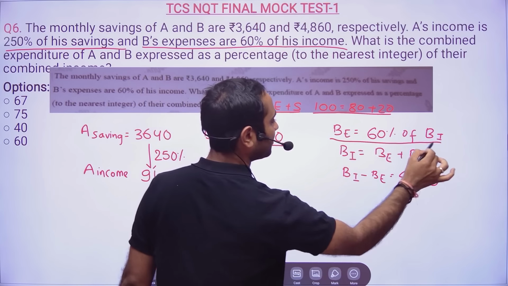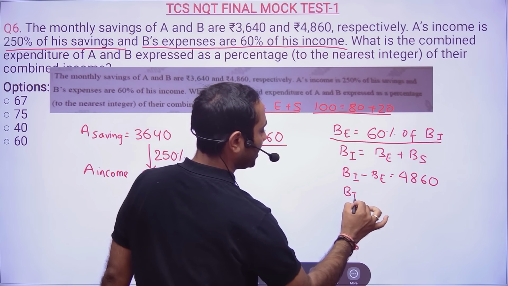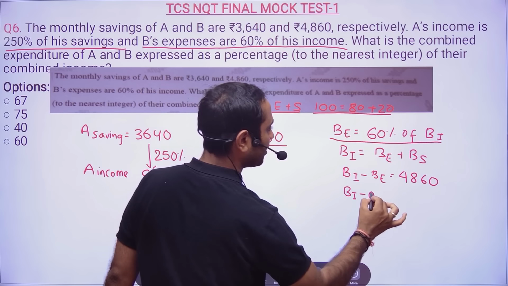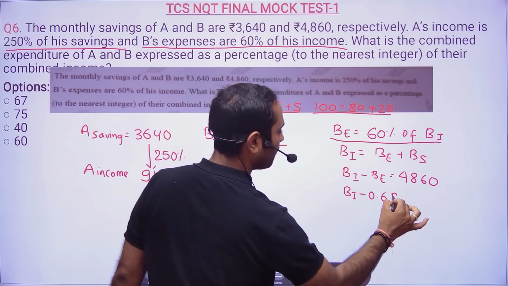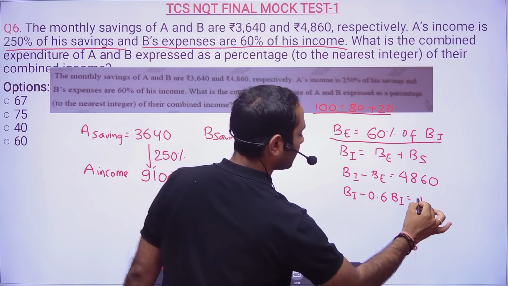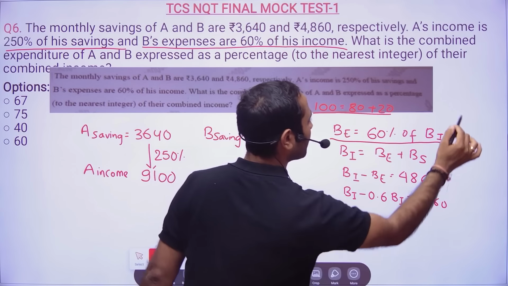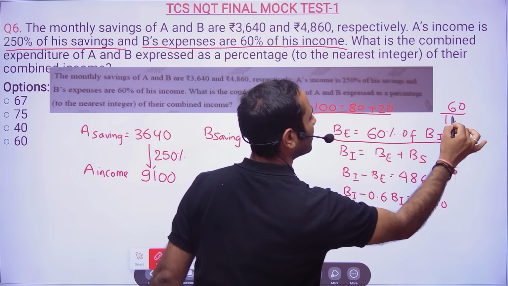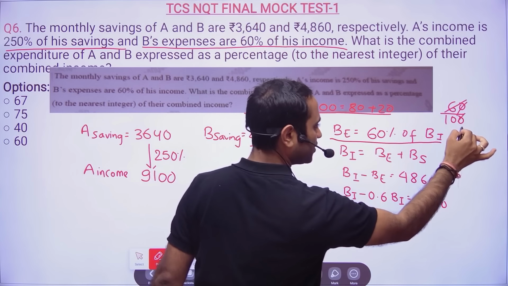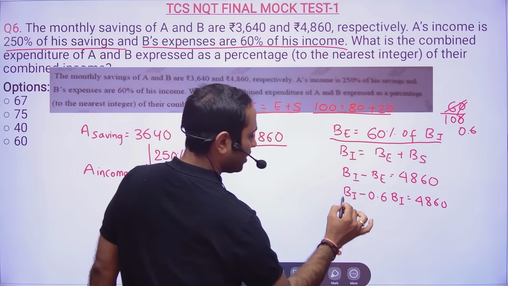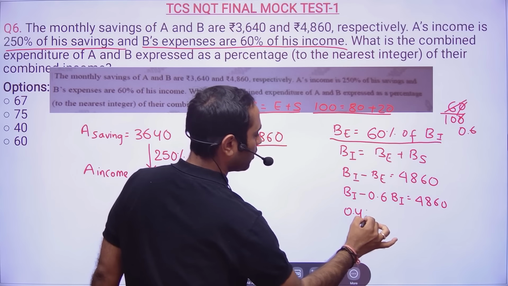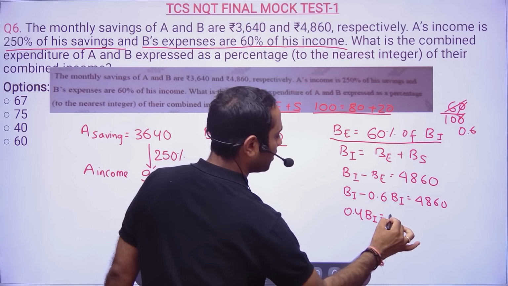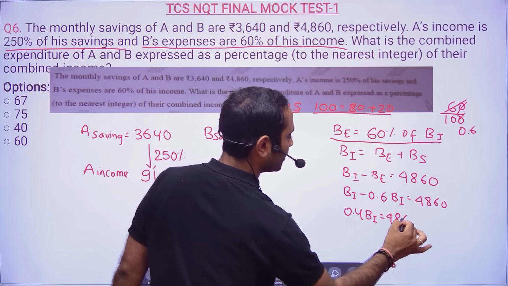B expenditure is 60% of B income, so B income minus 0.6 of B income equals 4860. Now 0.4 of income will be equal to 4860.